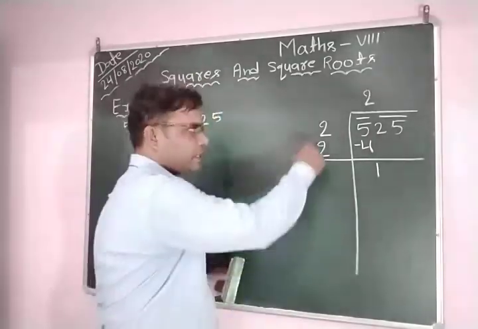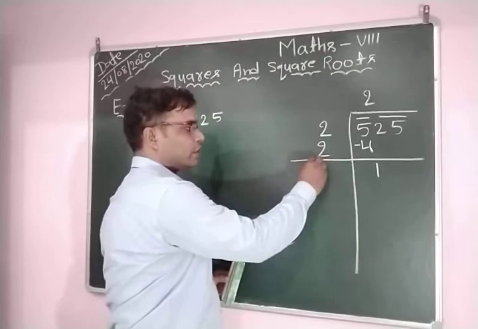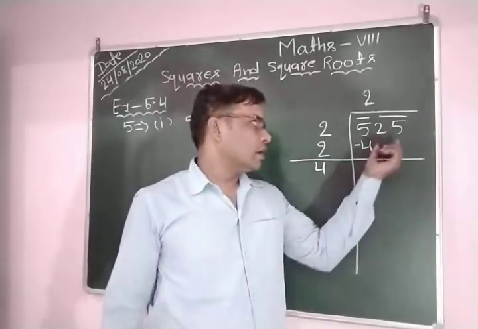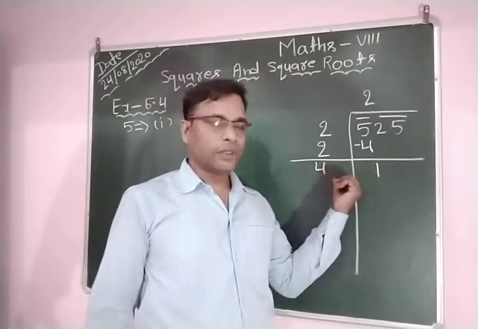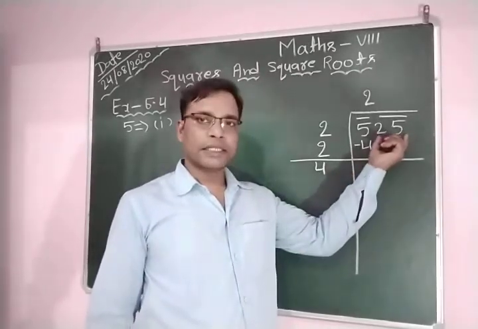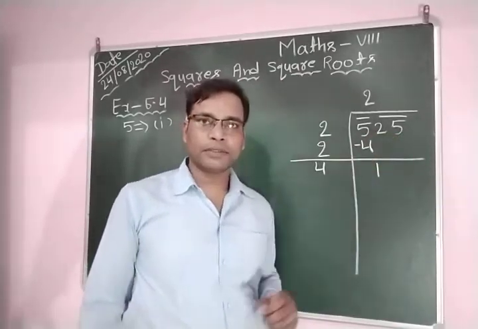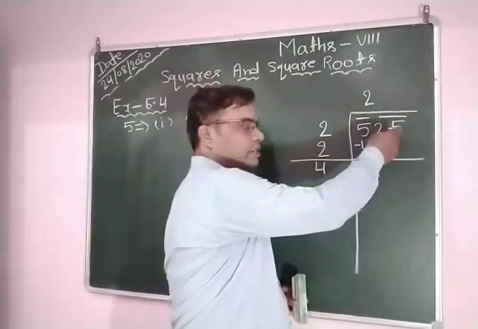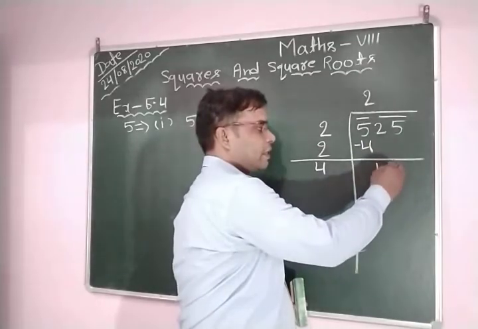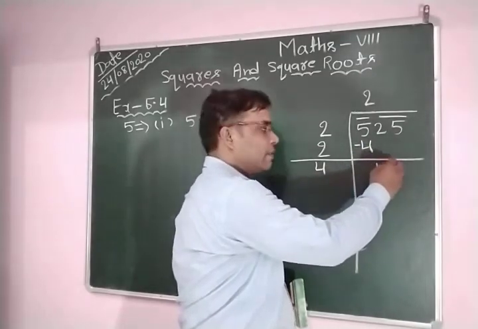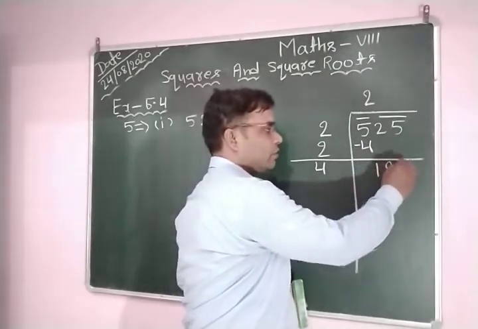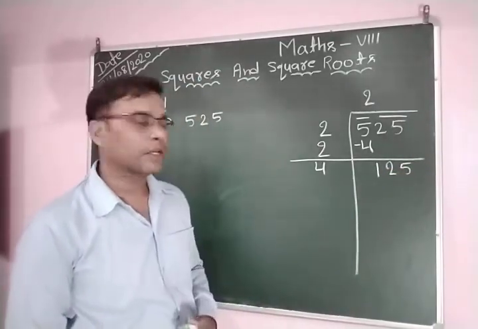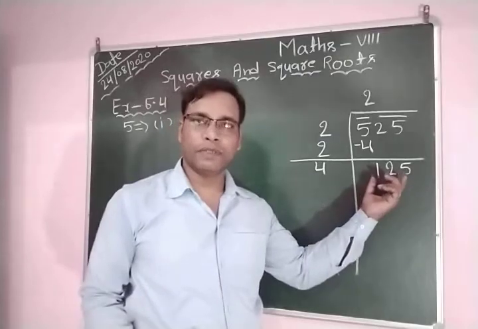After this, 2 plus 2 is equal to 4. Now 1 is less than 4, so we bring down the next pair, 25, next to the 1. So this is equal to 125, and 125 is the new dividend.